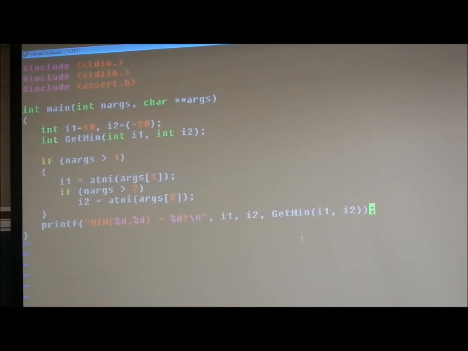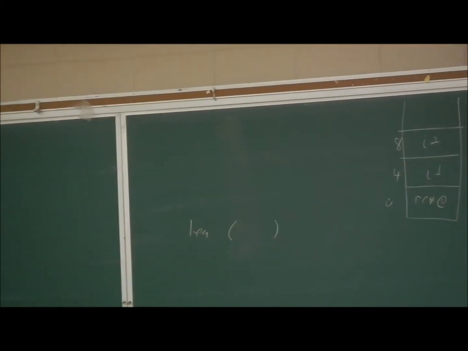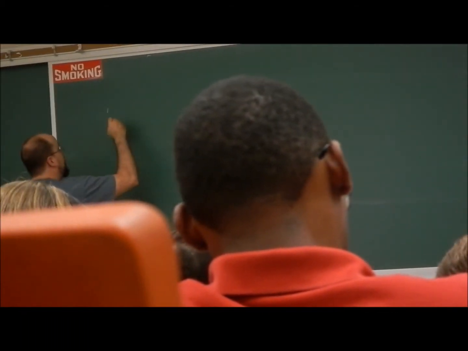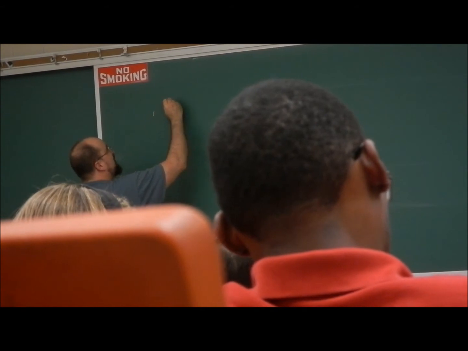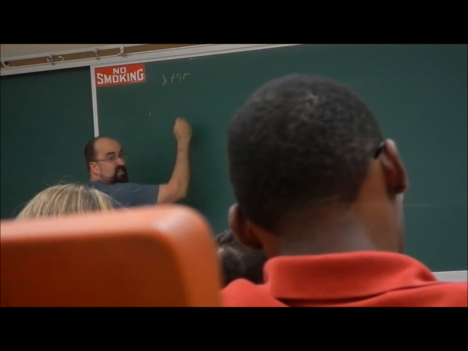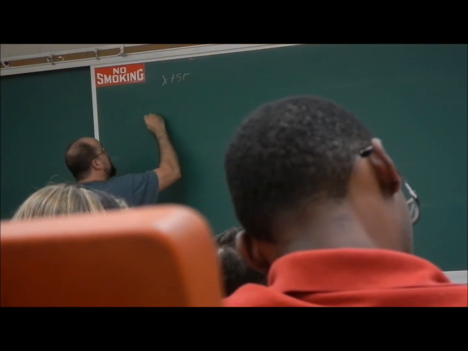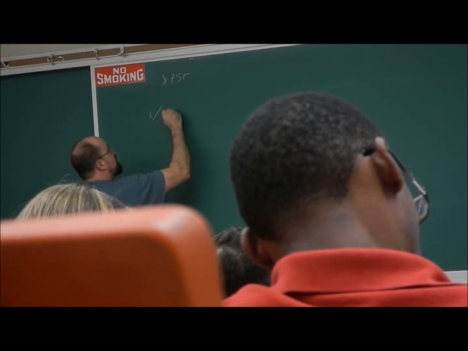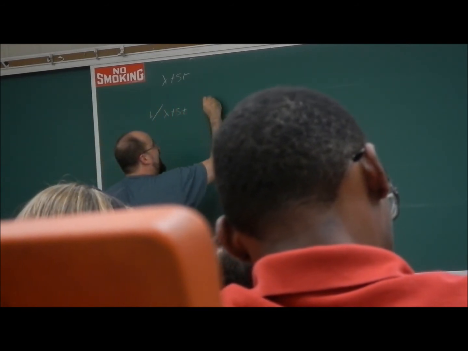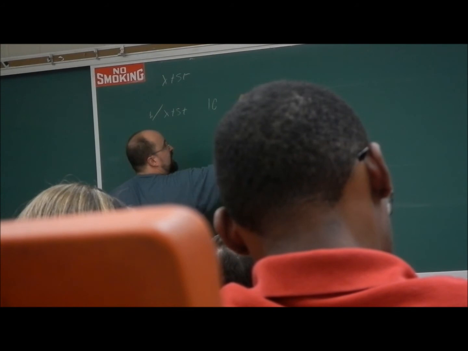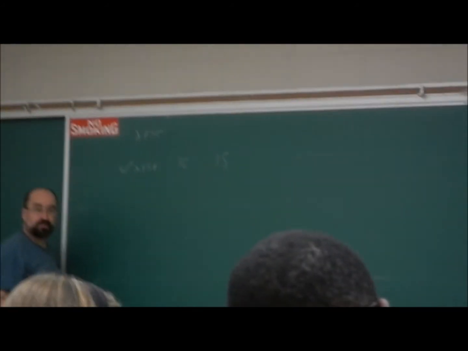Imagine that our string, in a second I'm going to type something like this. Let's say I'm going to compile the tester, and I call the executable xtst. I'm going to run it in a second, and let's say I pass 10 and 15 as my two numbers.